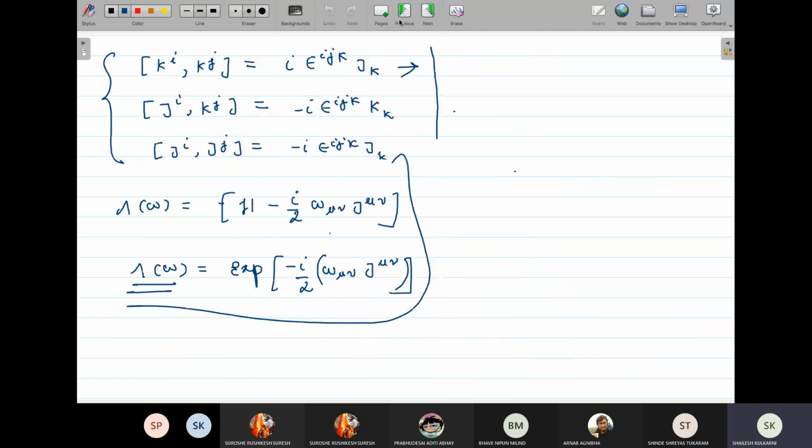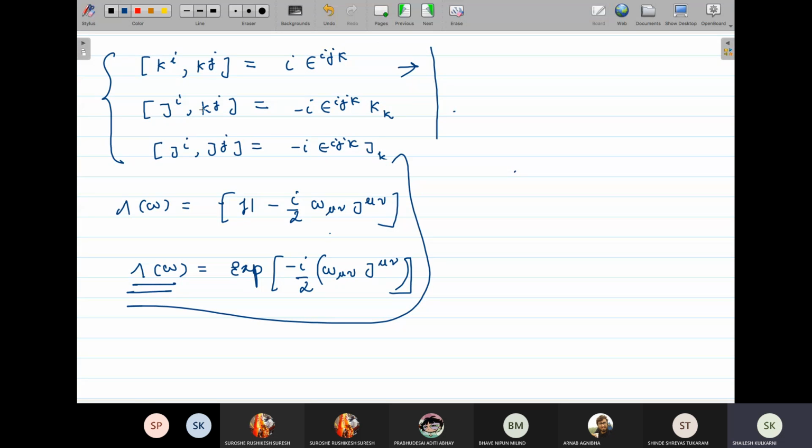Here in the algebra, there is some sign difference which I will mention now. So this is not correct, there is a sign difference.